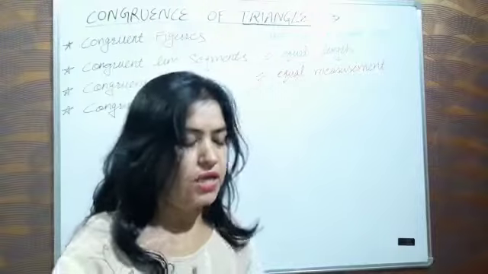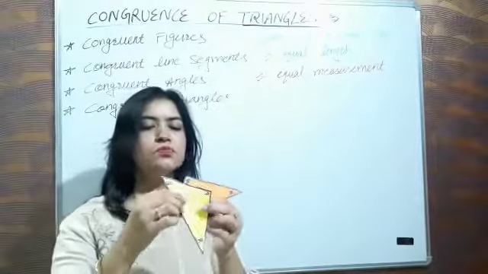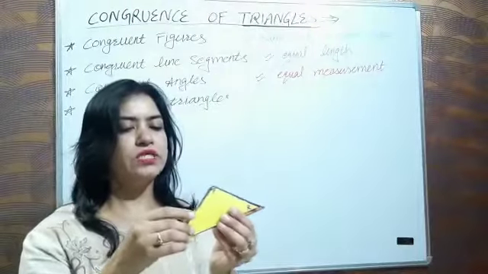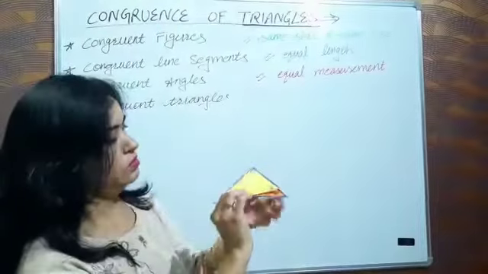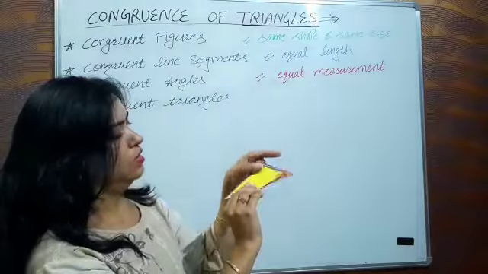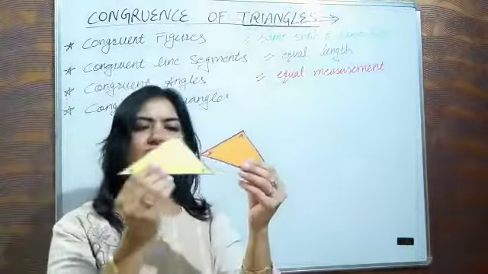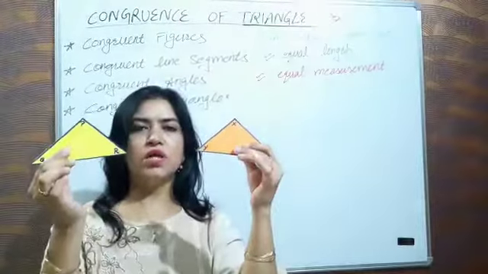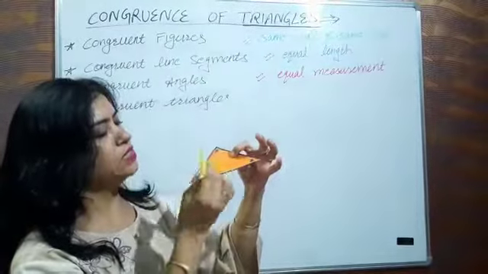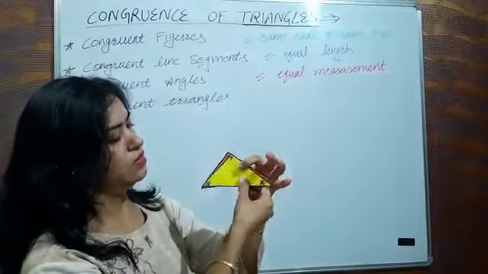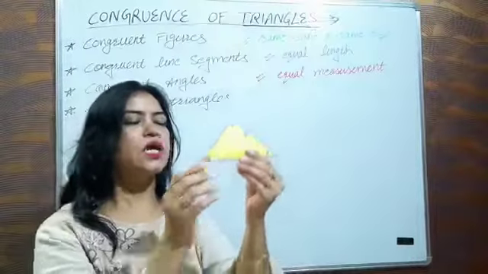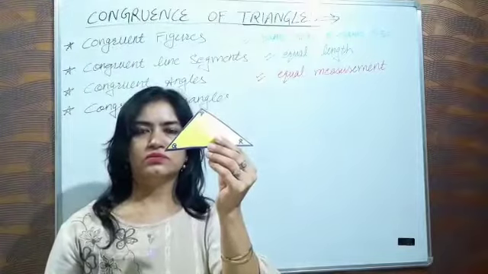And now I take another triangle. Suppose this triangle PQR. I try to overlap this triangle. So again, it does not overlap. But I can see that these are almost equal in measurements, right? So what I do, I turn around this triangle and I see when I turn it, it overlaps now, right?